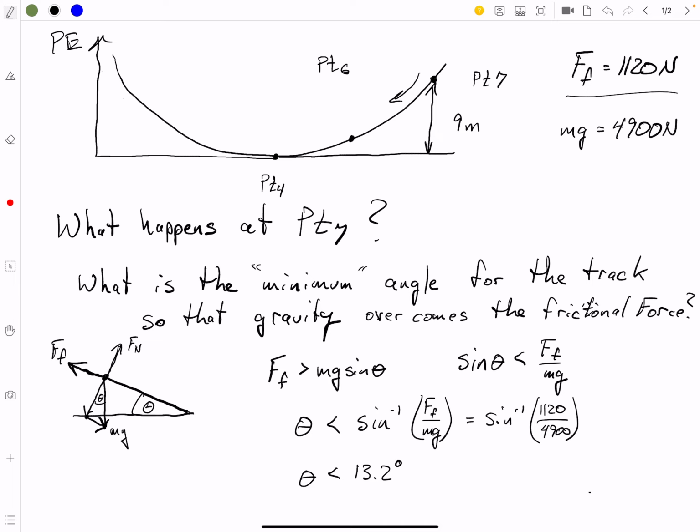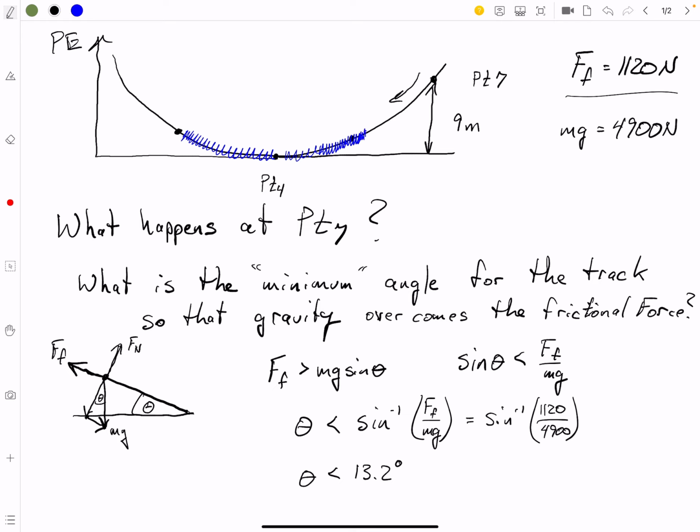Okay, so where's 13.2 degrees? I don't know. Let's just say it's here. So this is the point, anywhere in this region here, from that point. And let's forget that that's 0.6. Let's name this the opposite of our 13.2 degrees.